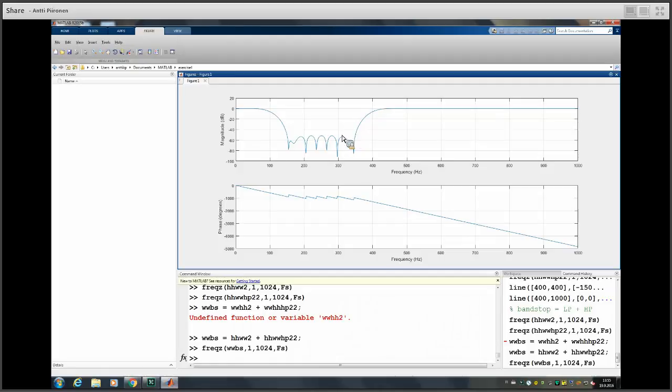But anyways, now we have the stop band basically starting at 150 hertz up to 350 hertz. That's the stop band. This lower cutoff frequency 100 hertz and upper cutoff frequency 400 hertz. Okay, good.